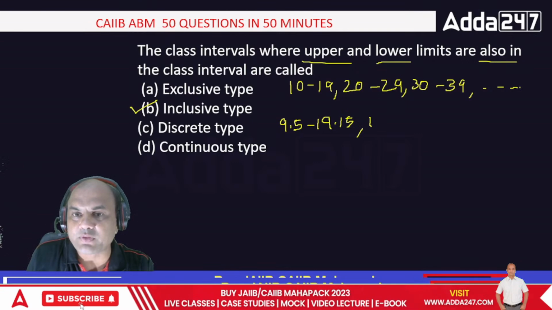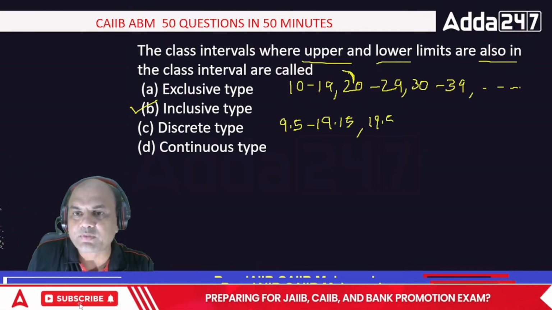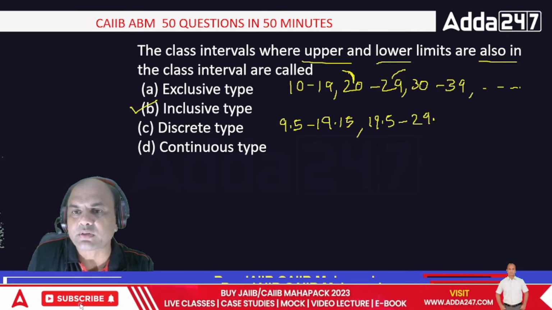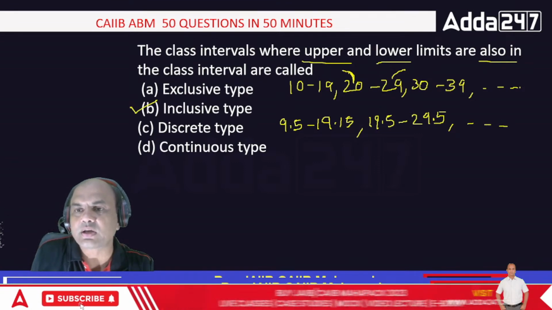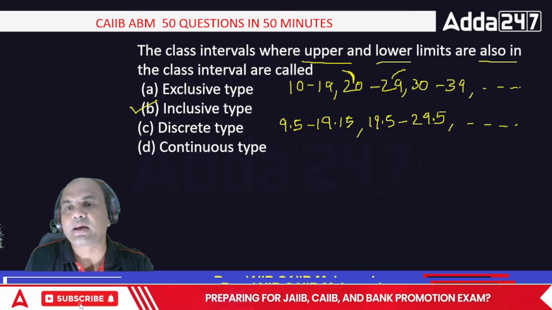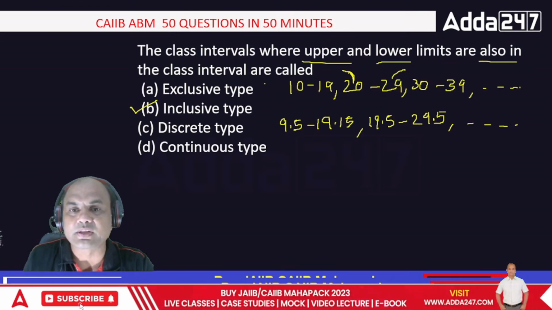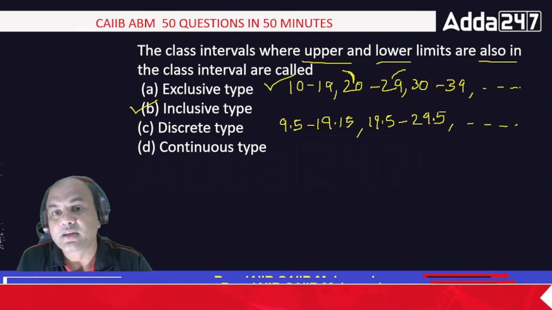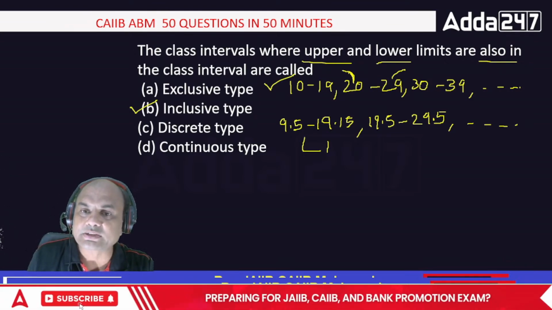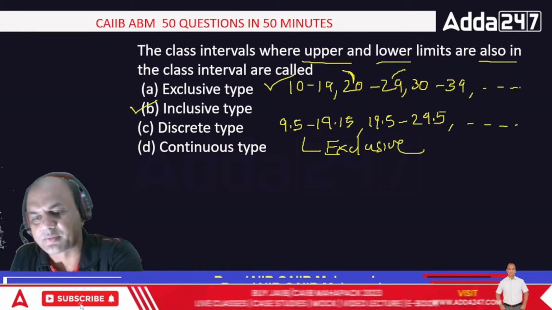Just subtract 0.5 from the lower limit and add 0.5 to the upper limit. Then the second one, 19.5 to 29.5, and go on and on. So this is known as class interval. When the upper and the lower limits are also included in the class interval, it's called inclusive. This is exclusive, and this is inclusive.